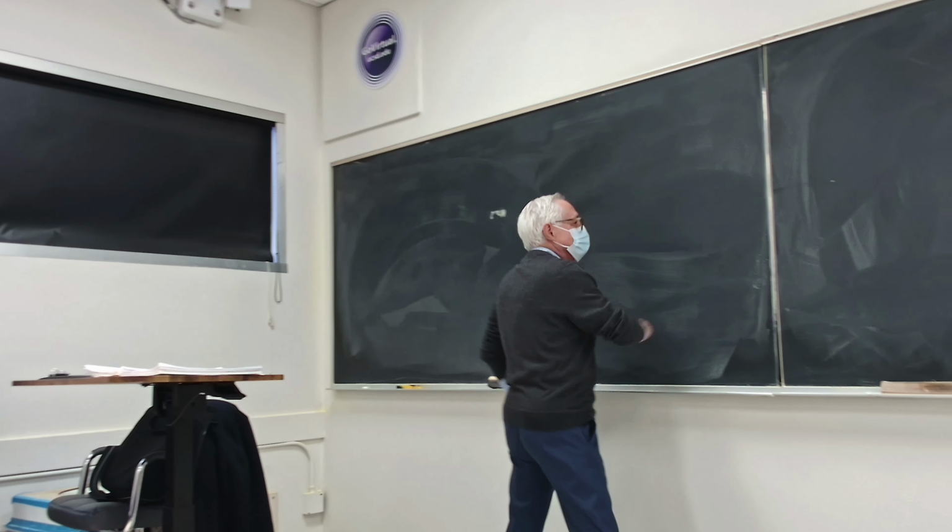Agree? P prime is given to you as 5 bar. P is given as 20 bar. The state is saturated liquid, you know h1 from the table. h2 is equal h1. You go to the saturation table for pressure at 5 bar.